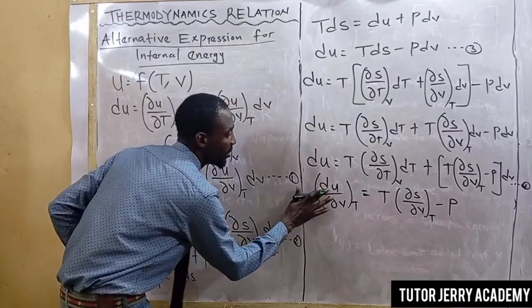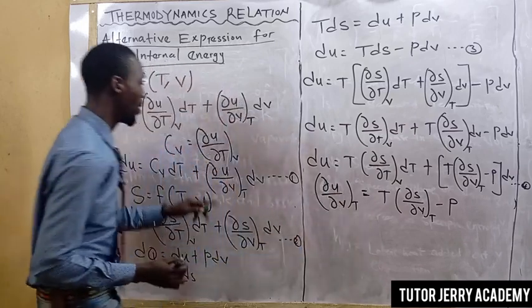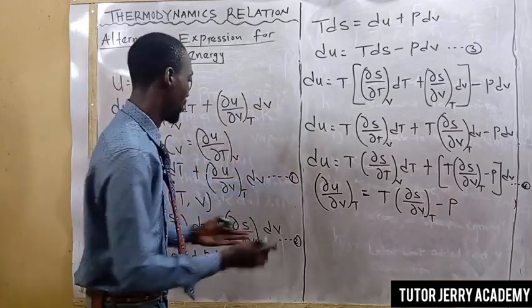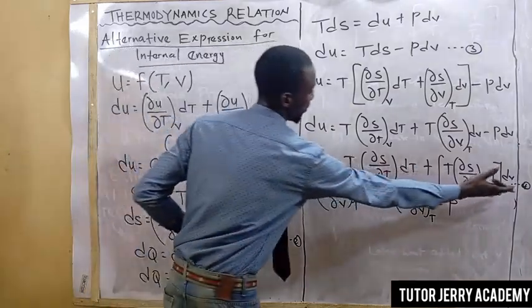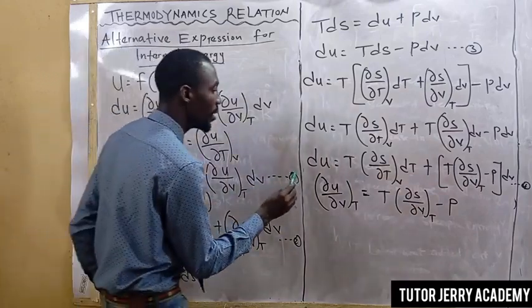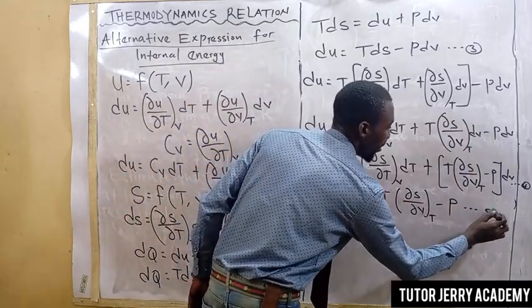From here we are having the partial derivative of u all over the partial derivative of v, because this is the v, this is the v, the coefficients are equal. All right. Now let's make this our equation number 5.